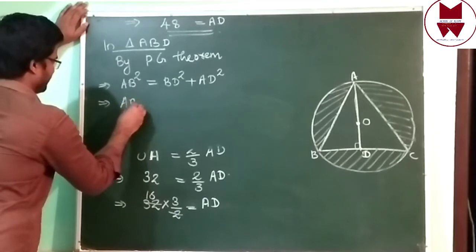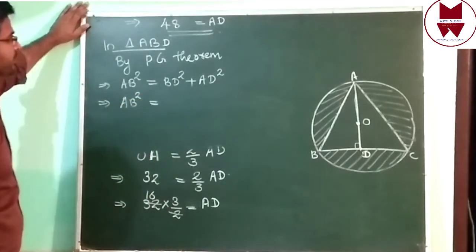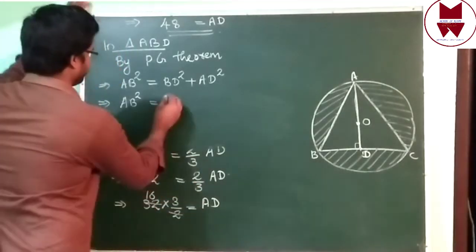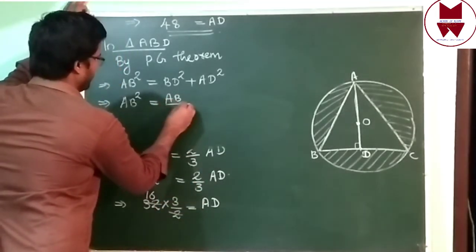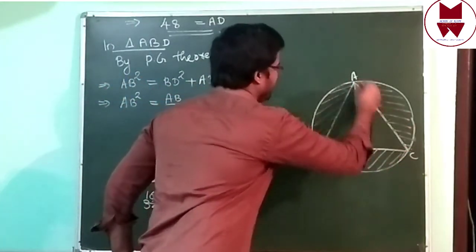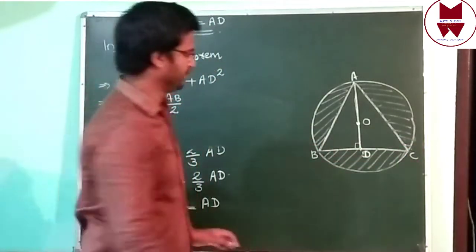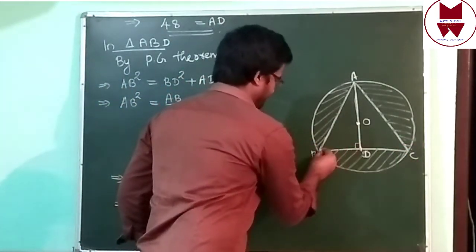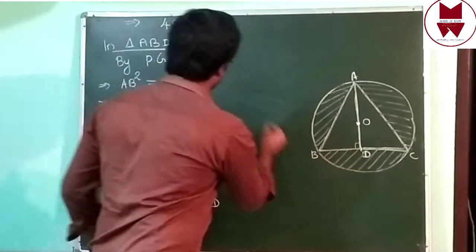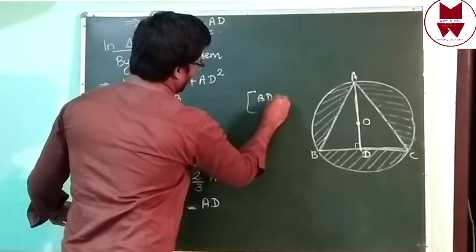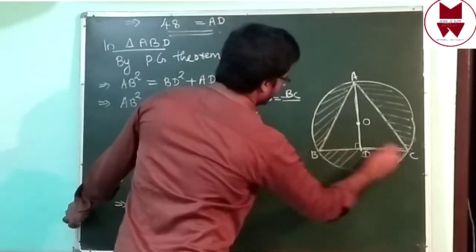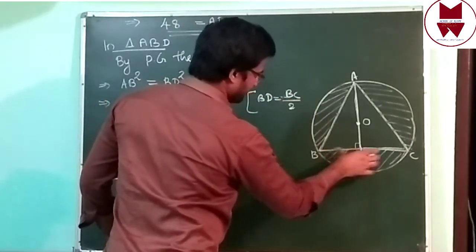BD also we don't know, but we can write BD as AB divided by 2. What is the reason? AB, BC and AC are all equal. Before, I told you D is the midpoint, so BD is half of BC.